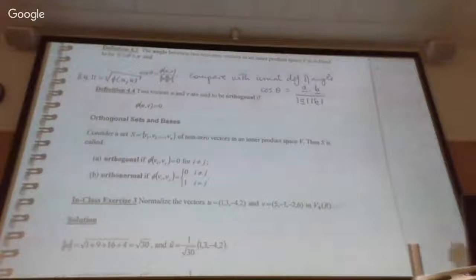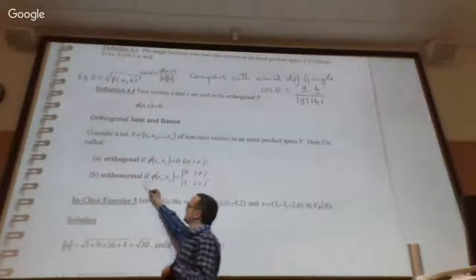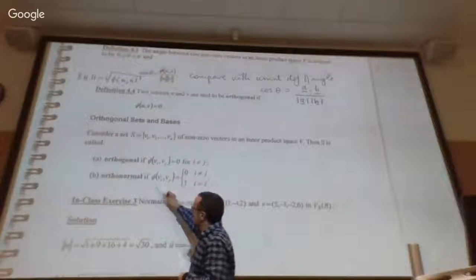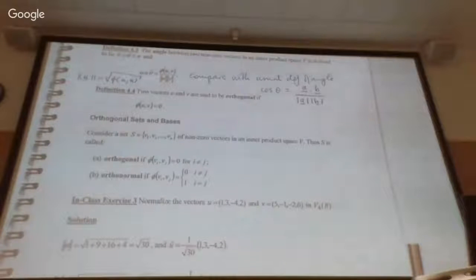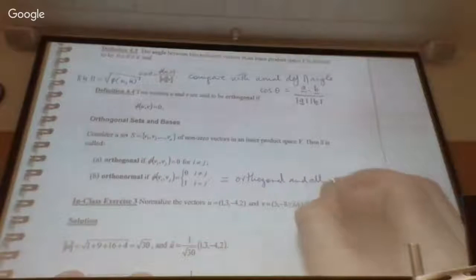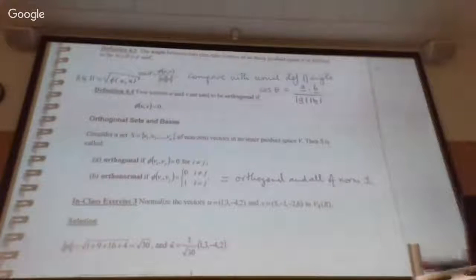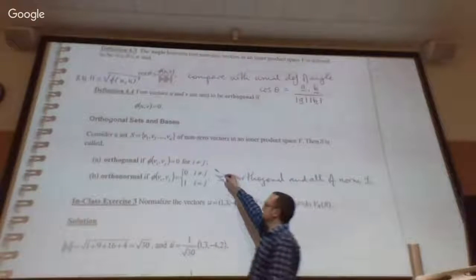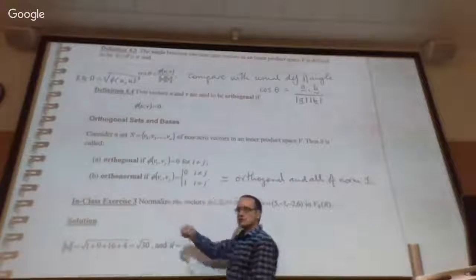So that's saying that the vector has norm 1. Okay, so that's the normal aspect of it, building in the word normal. So orthonormal is an orthogonal family, and all of norm 1. Because if you just say the set of vectors is orthogonal, you're not making any extra condition about the norms or lengths of the vectors.